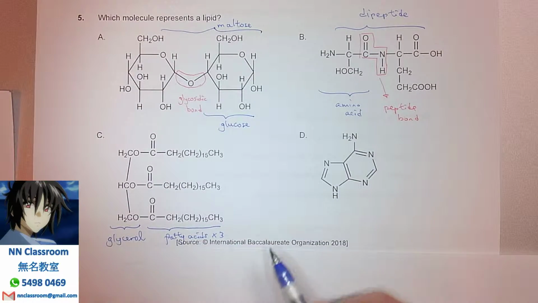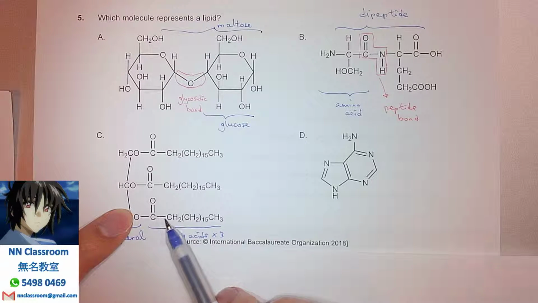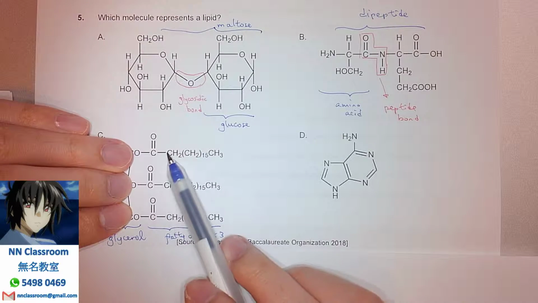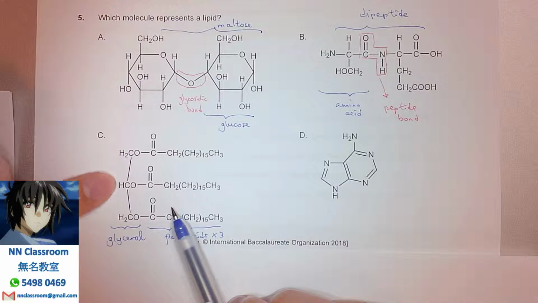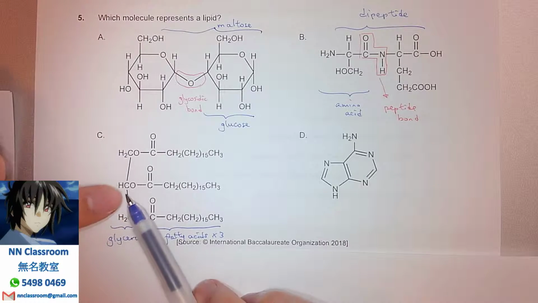A fatty acid is a carboxylic acid originating from this side with a long chain, or hydrocarbon chain. So in this case we see 3 fatty acids joined together with a glycerol. Glycerol is just an alcohol with an OH group before the condensation reaction, having 3 carbons.